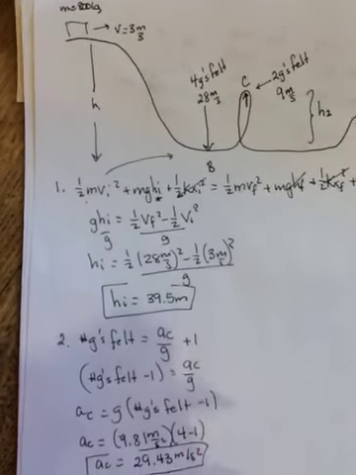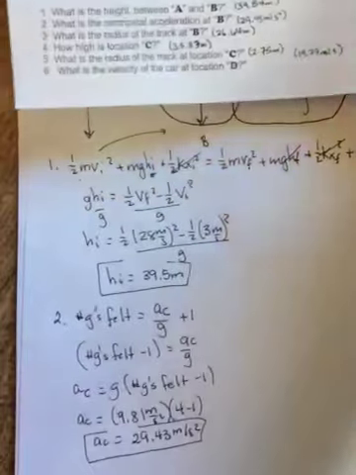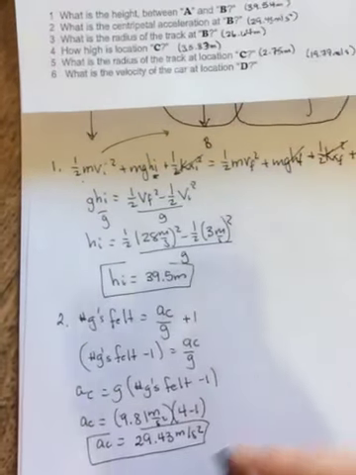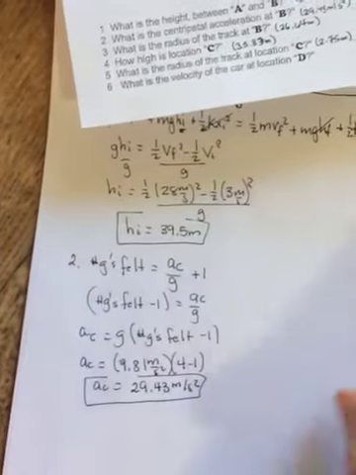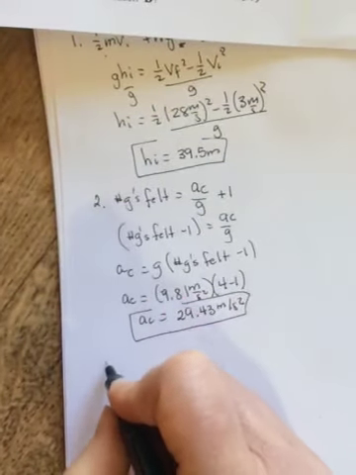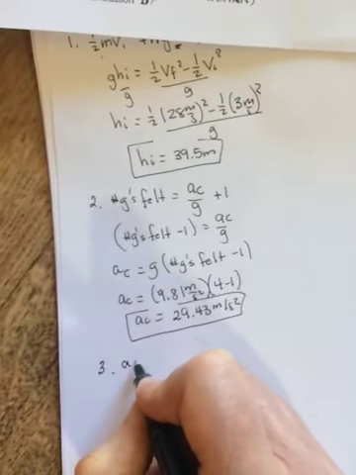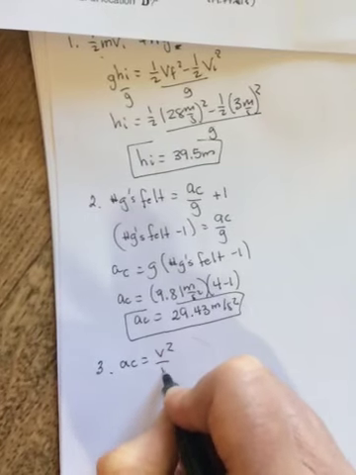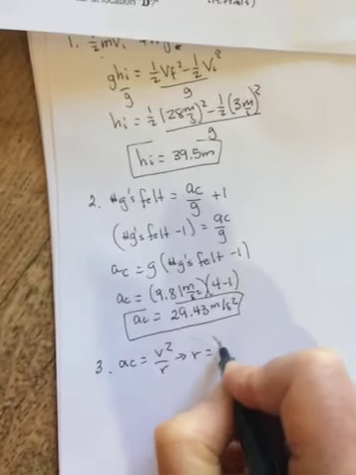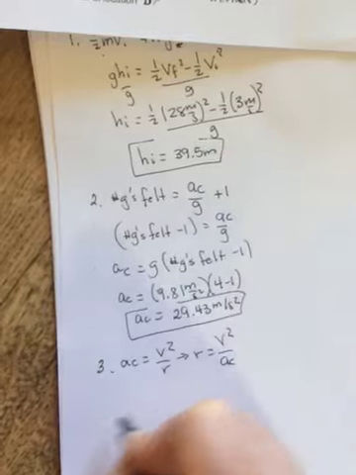The next question asks the radius of the track. Well, now that you have a_c, you can find your r, because you know a_c is equal to v squared over r. So r is just equal to v squared over a_c.